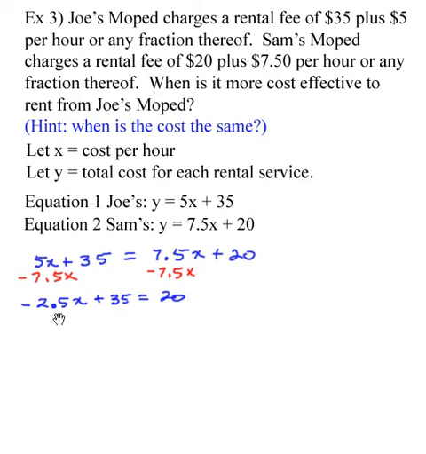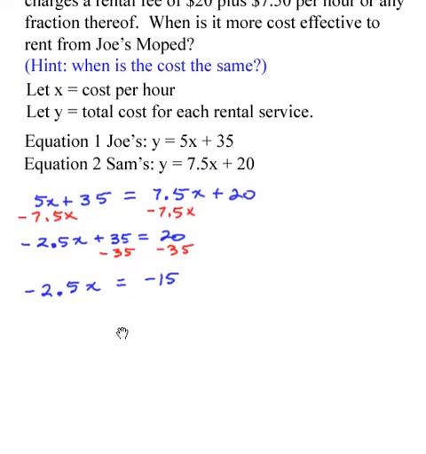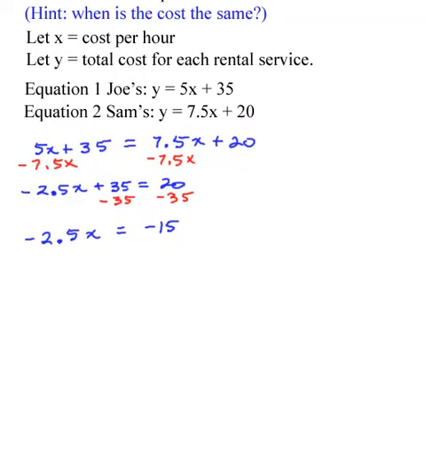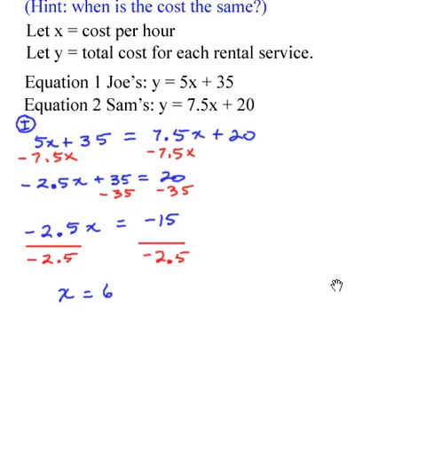That's negative 2.5x plus 35 equals 20. Let's go ahead and subtract 35 from both sides. And we have negative 2.5x equals negative 15. Let's divide both sides by negative 2.5. And we'll find out that when x is 6 hours, the cost is the same.